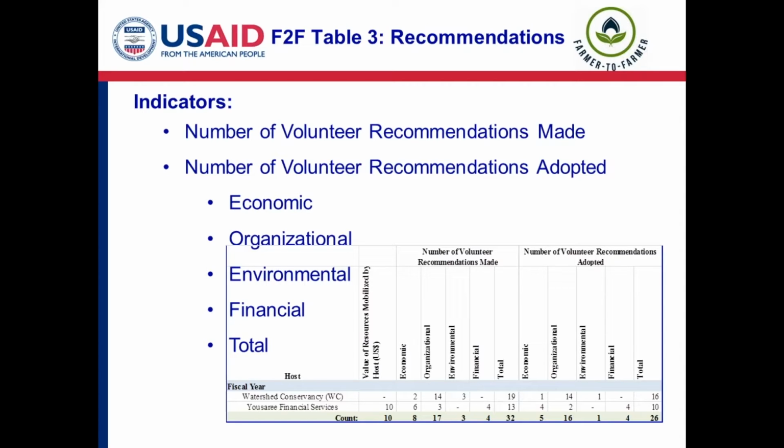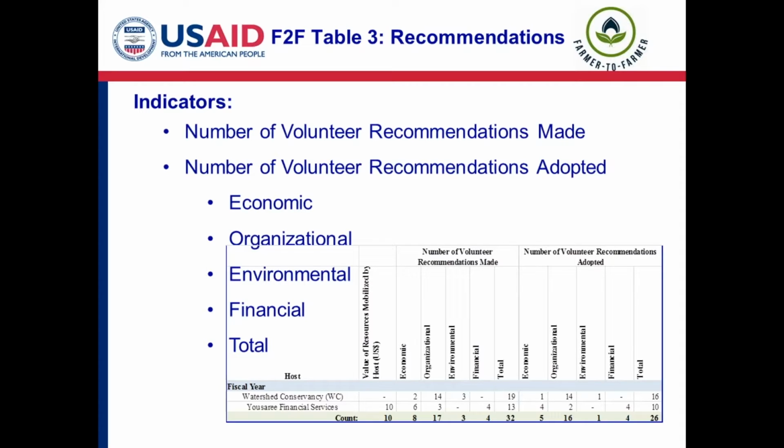We're also kind of hoping. We've been talking a lot, I think, over the first couple of years of the project about reducing the number of recommendations to make it manageable, not only for host organizations, but also for field staff in terms of actually tracking what changes are made. So we expect that the number of recommendations made, and thus the number of recommendations adopted, is the low end of what your field staff and your volunteers are actually working with the hosts on.